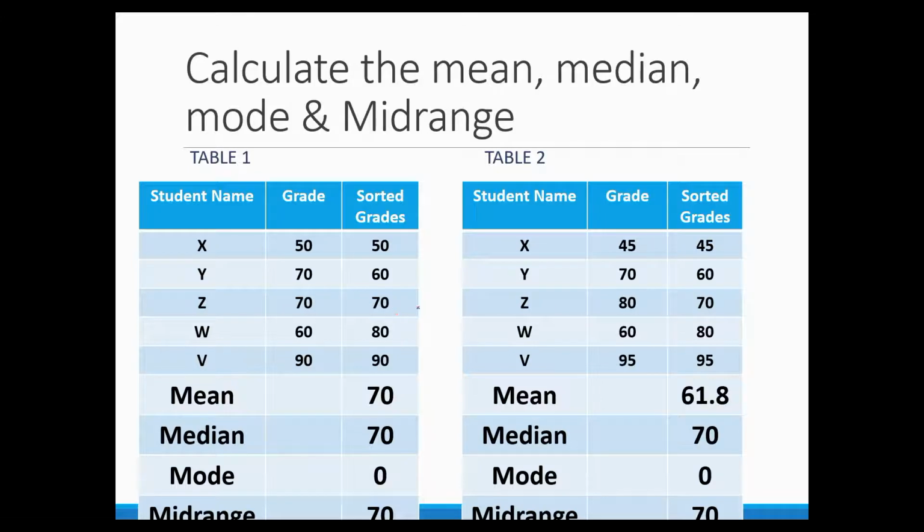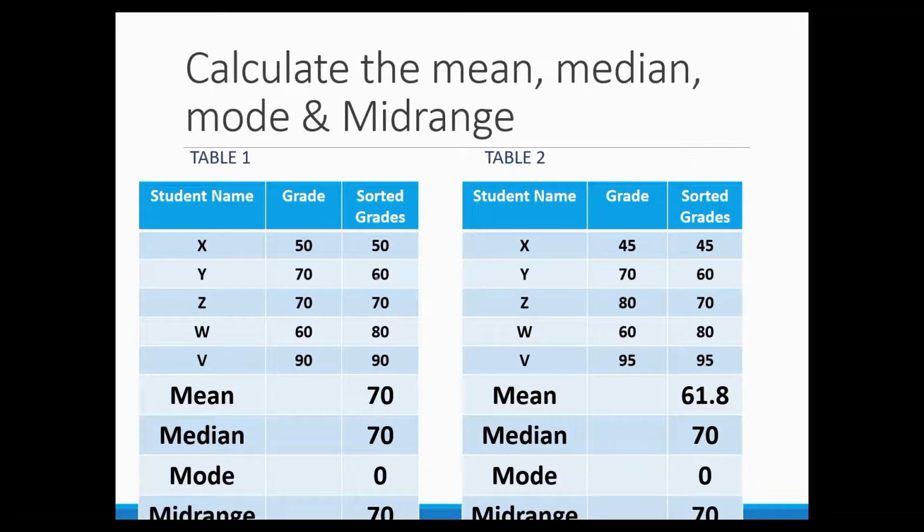To compare the four measures of centrality, we have here two tables, table 1 and table 2. In table 1 we have these different grades. To calculate the mean, we simply add these 5 numbers together and divide them by 5. To find the median, we have to sort the grades from the smallest to the greatest.